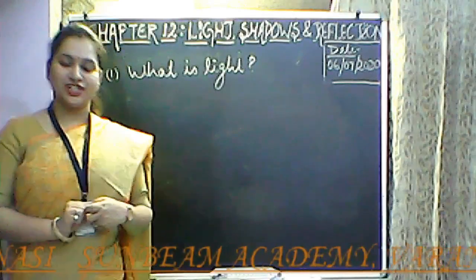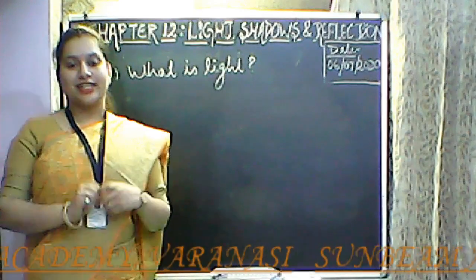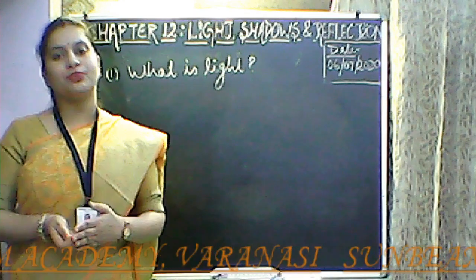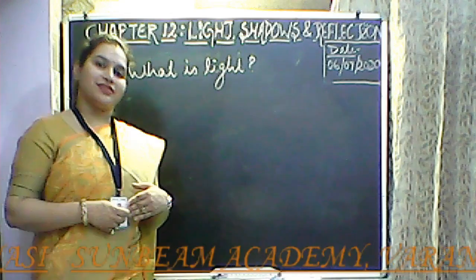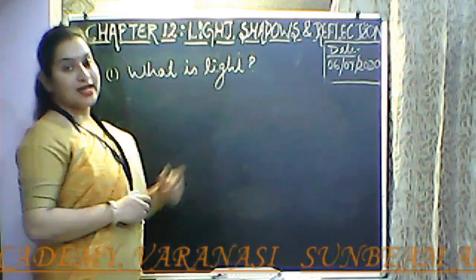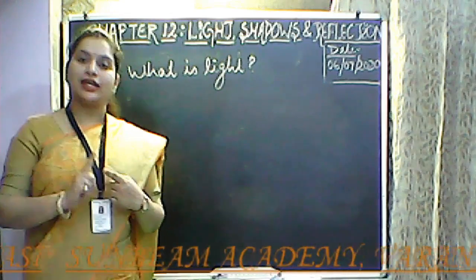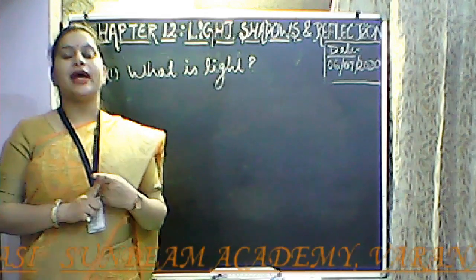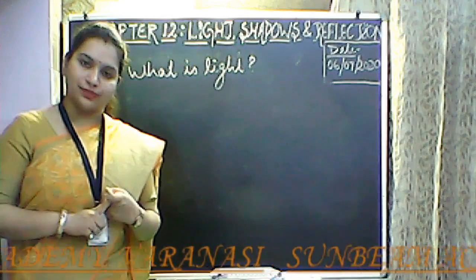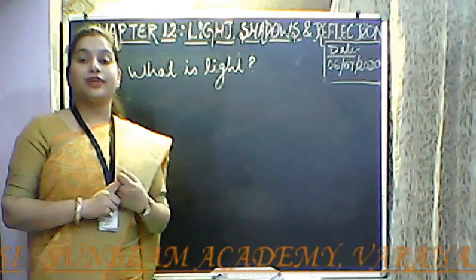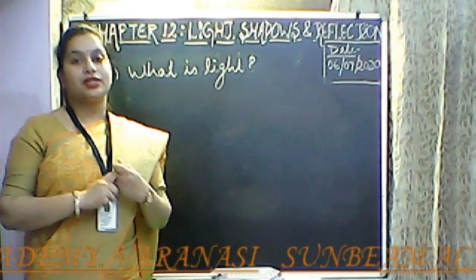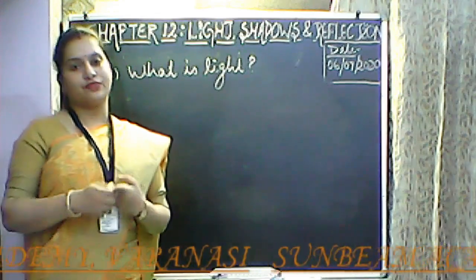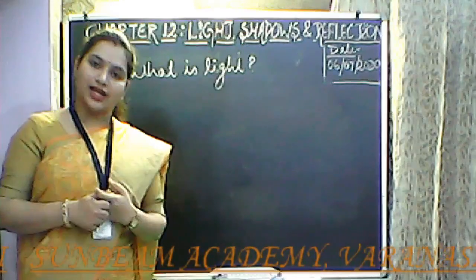So that was the video for differentiating what is a luminous object and what is a non-luminous object. So kids, we have studied today what is light. First, light enables us to see the objects. Second, light is a form of energy. Then we have studied that we depend on light for food, for oxygen, for fuel and in our day-to-day life.